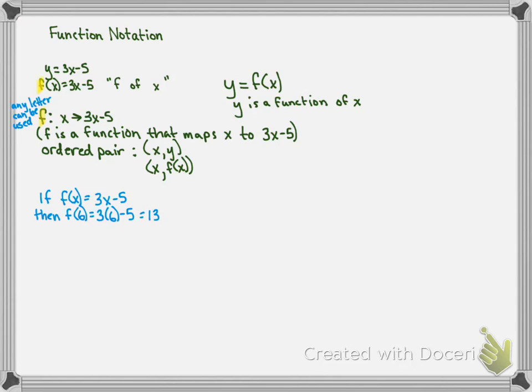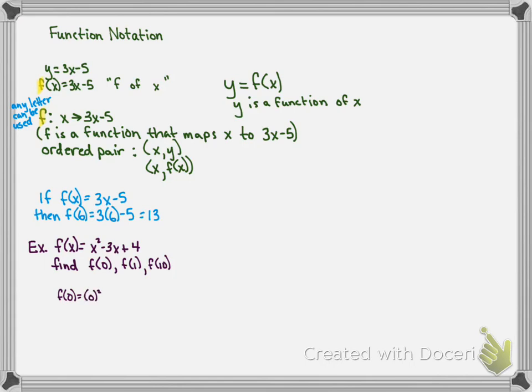Let's look at a few more examples of this, also called evaluating a function. For example, f of x equals x squared minus 3x plus 4. Let's find f of 0, f of 1, and f of 10. f of 0 equals, now remember we're going to replace all of the x's with the number in parentheses, which in this case is 0.